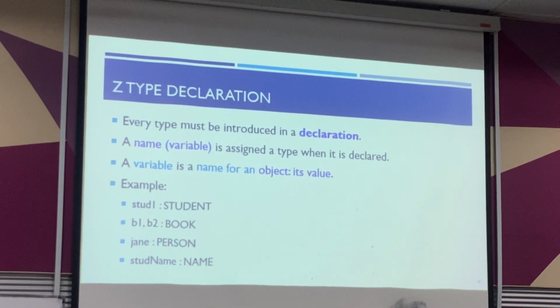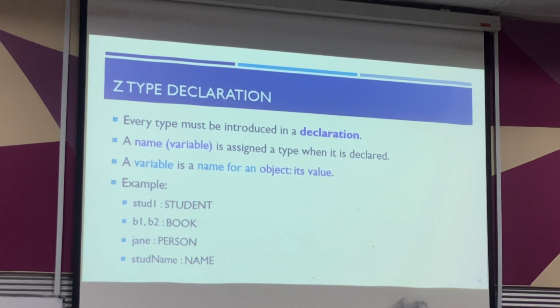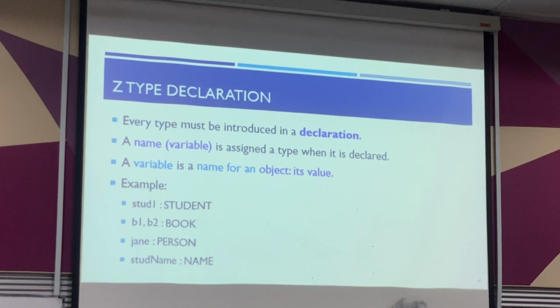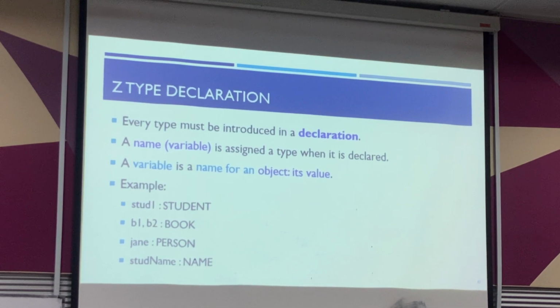So now, how are you going to declare your variable? You have learned about types just now: you have built-in type, free type, and basic type. Let's say you have done all the types there. You know what you want, and you also know what variables you are going to use.